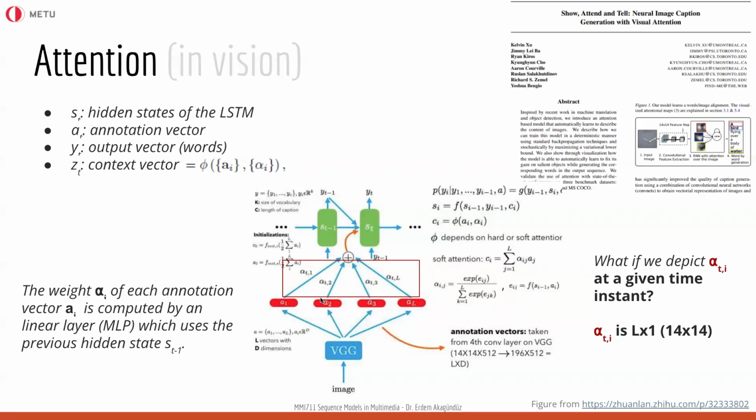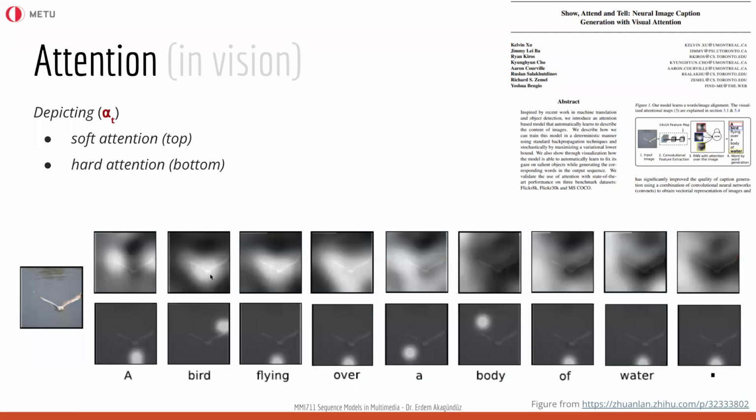If it's a hard attention, one alpha will be 1, the others will be 0. If it's a soft attention, these will be values between 0 and 1, which add up to 1, like a probability mass function. So these are the regions that represent the 14 by 14 grid on the image. If it is hard attention, it will be one region in the 14 by 14 image.